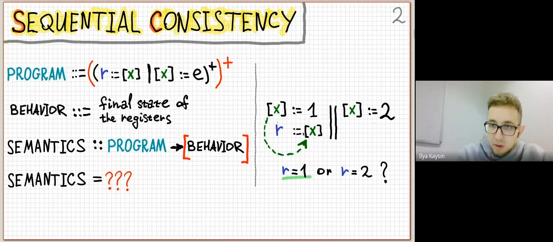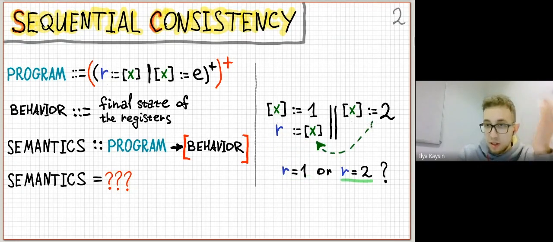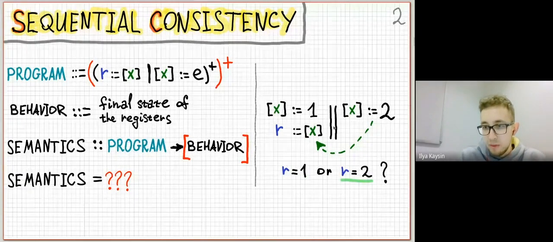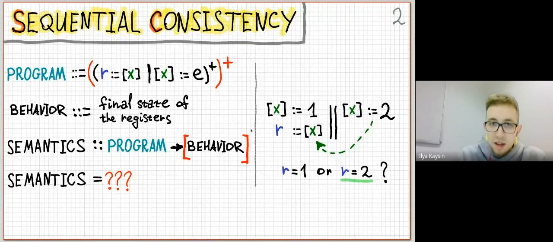If the last one was the write of the first thread, then we read from X a value 1. Whereas if the last one was the write of the second thread, then we read 2. In this way, our behavior becomes non-deterministic. And instead of a single behavior, we have a set or a list of behaviors.